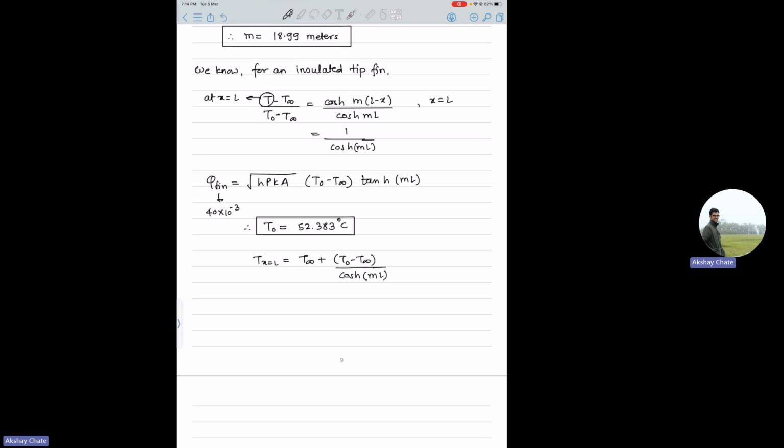So all the terms on the right hand side are known. Now we can plug the values and you should get the answer that your tip surface temperature at the tip will be 51.45 degrees Celsius.